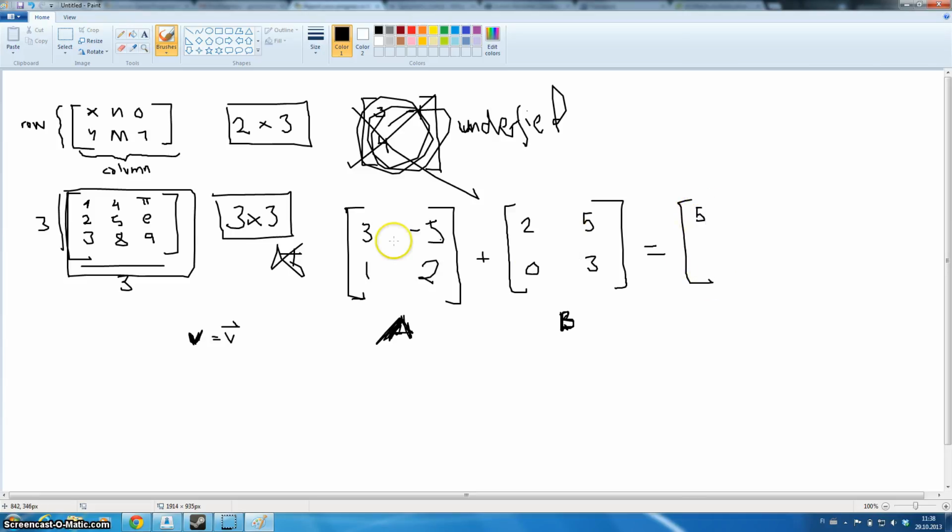There is a 5 because this element is added to this element, and this element is added to this element, and so on.